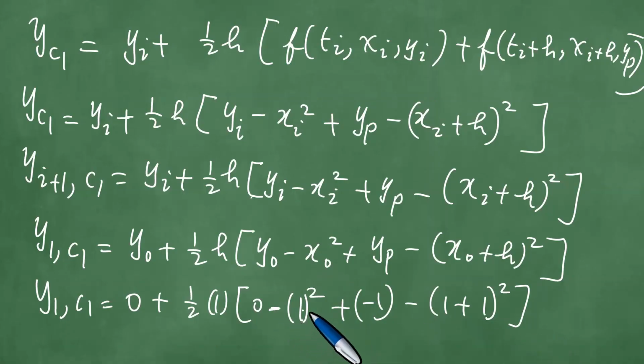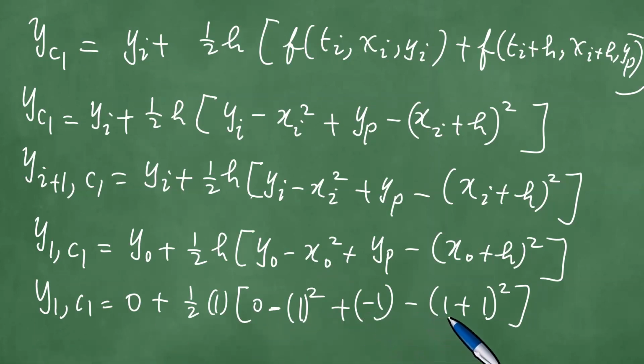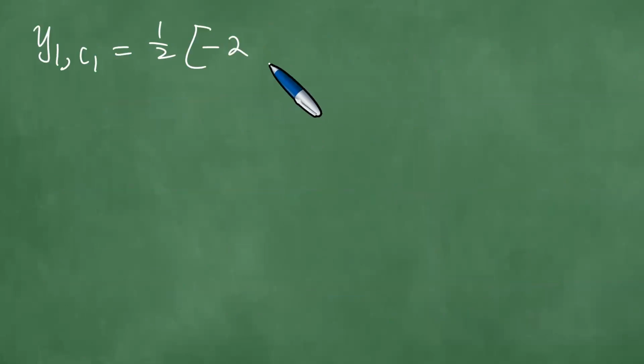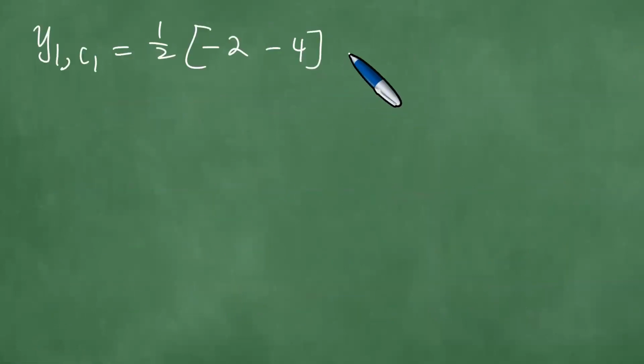Then minus 1, which is minus 2, and this one is 1 plus 1, which is 2, minus 2 squared, minus 4. So what is this? This is minus 6, which gives us minus 3. So the first corrector is minus 3, and then we need to get the second corrector.